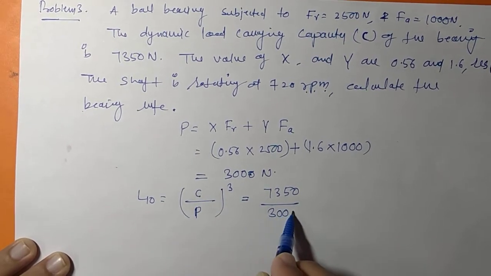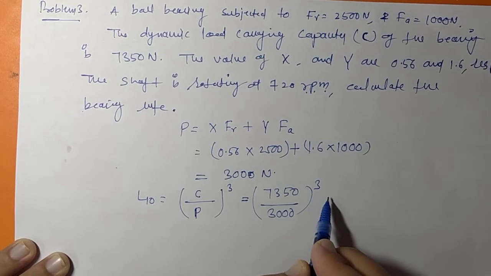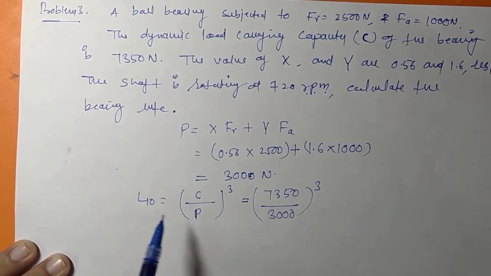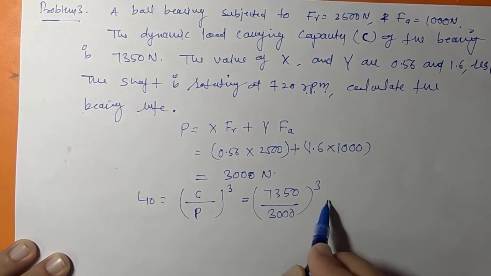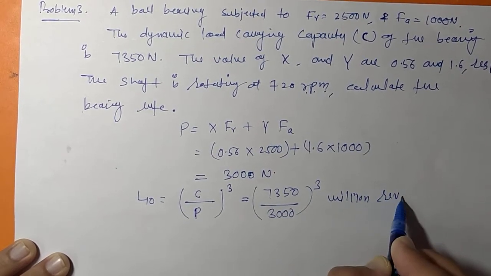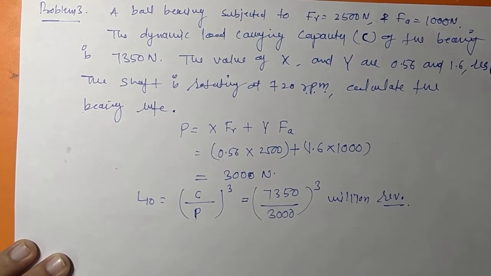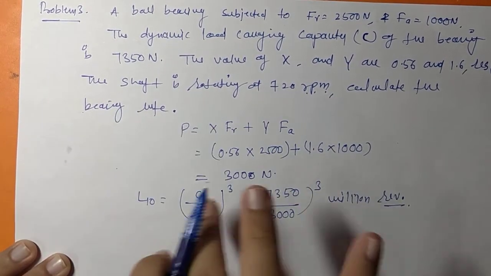So this is 7350 divided by 3000 raised to power 3. On calculation we can get the L10 life in million revolutions. Now we need to convert the bearing life into hours.